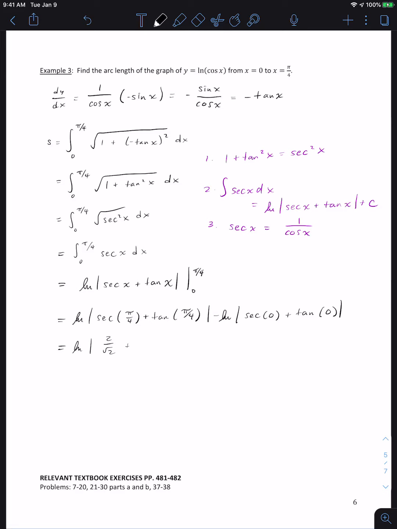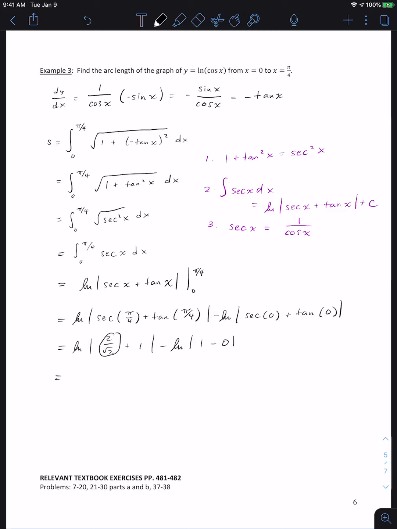Plus, what is tangent at pi over 4? Well, tangent at pi over 4 is y over x, so it's radical 2 over 2 over radical 2 over 2, which is 1, minus ln. Well, what is secant at 0? Well, cosine at 0 is 1, so secant at 0 is 1 over 1, or 1, plus what is tangent at 0? Well, the y value at the angle 0 is 0, so it'd be 0 over the x value, and the x value is 1, so this would be 0, right?